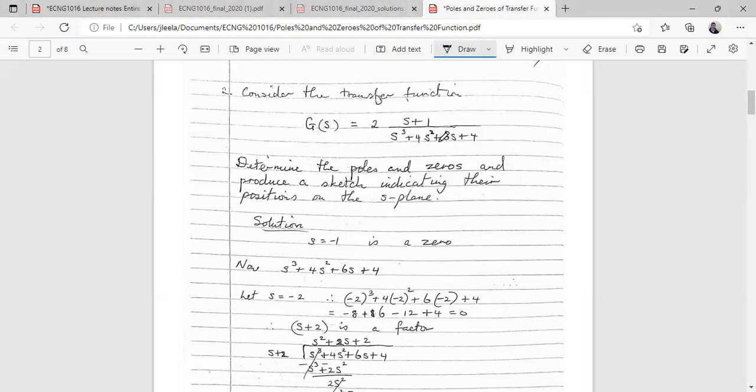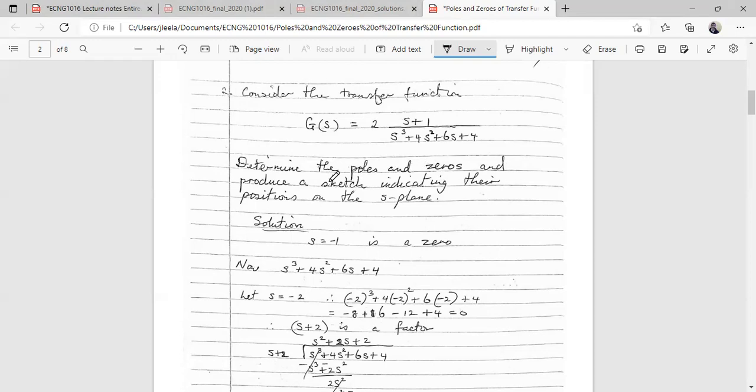Now this constant here, we call this the gain. So anytime you have a value outside, multiplying the two polynomials, this is the gain of the circuit. If it's a circuit, the gain of the circuit.